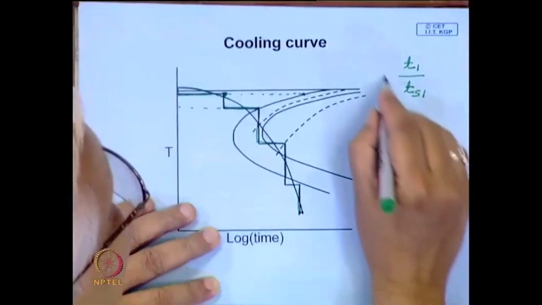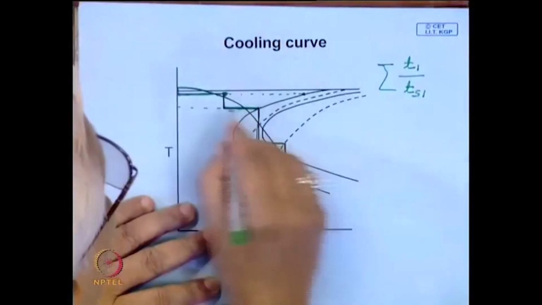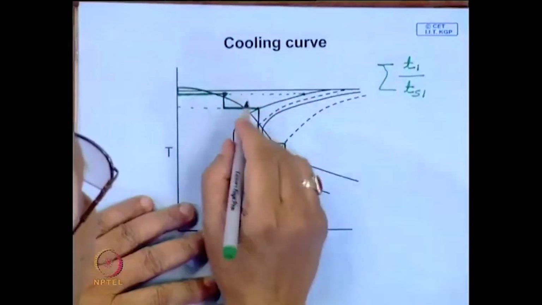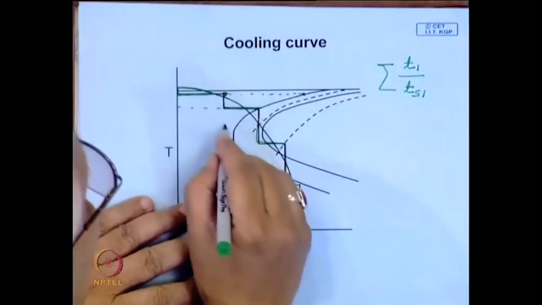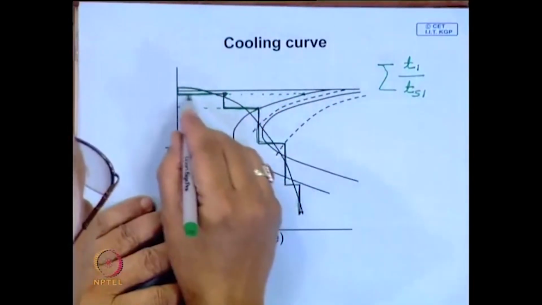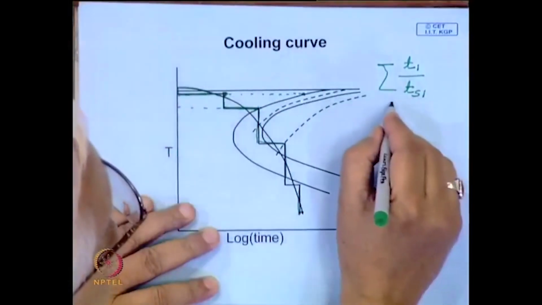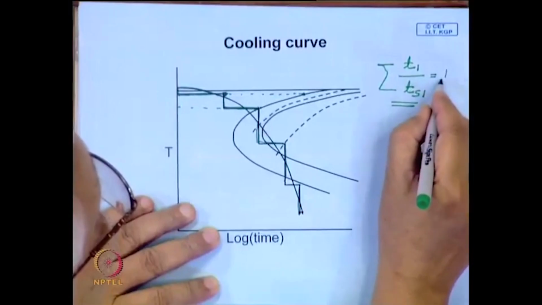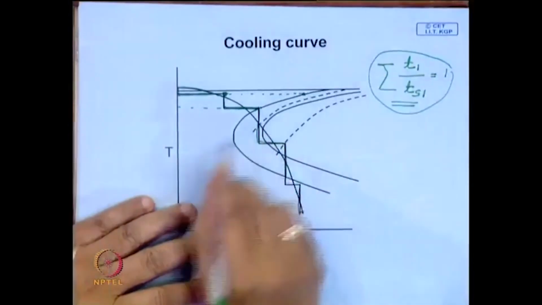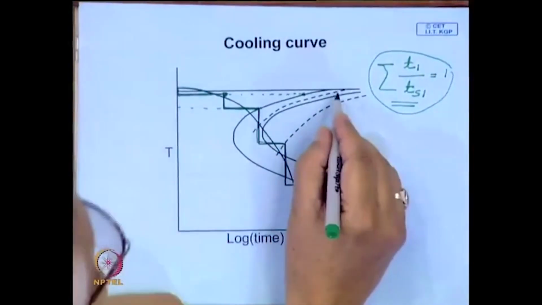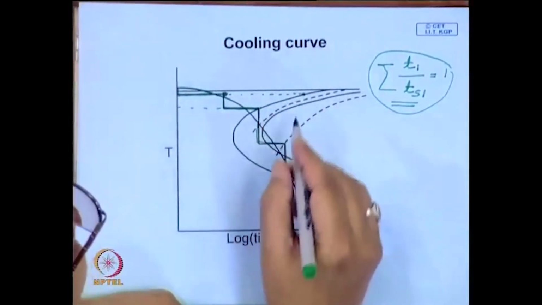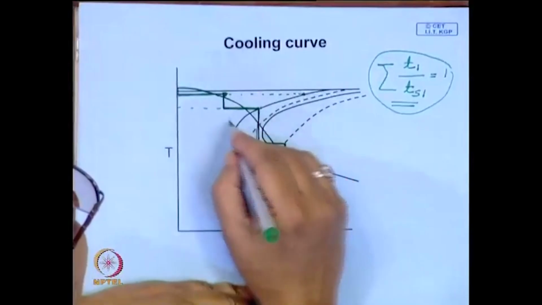If you sum up, this total time is the time fraction which it spends at a particular temperature. So, you can split this up into steps and try to find out when this reaches 1. This is how it is possible to convert this isothermal diagram to a continuous cooling diagram.